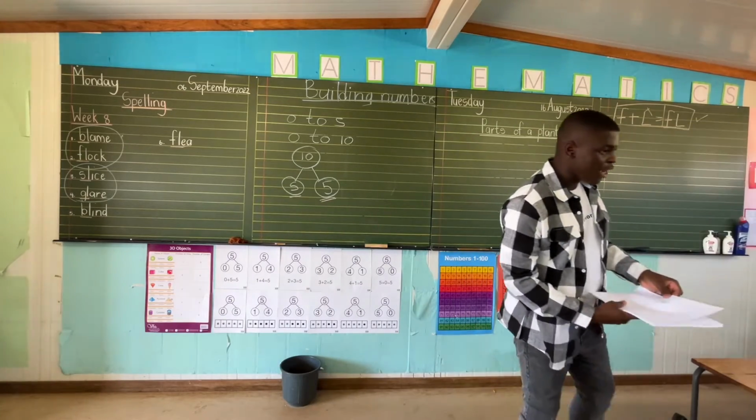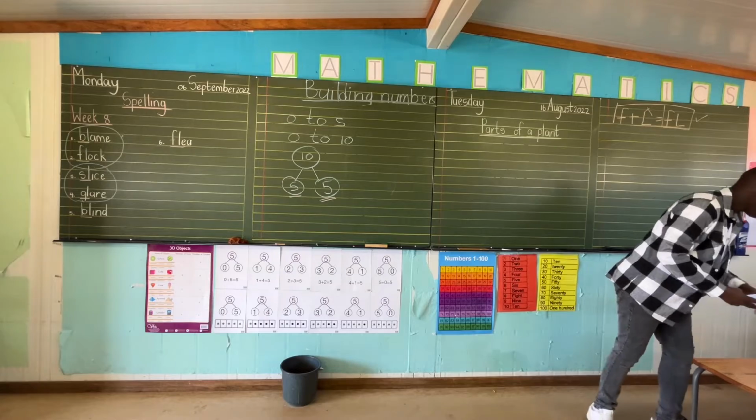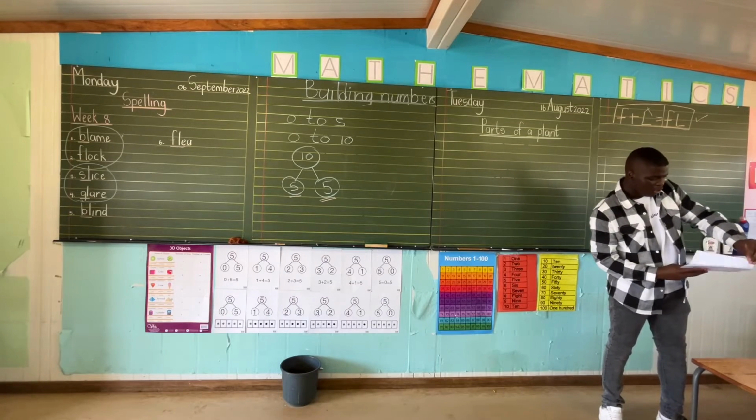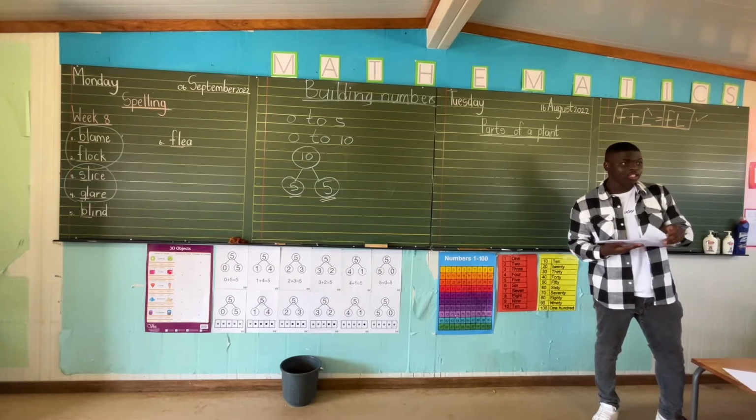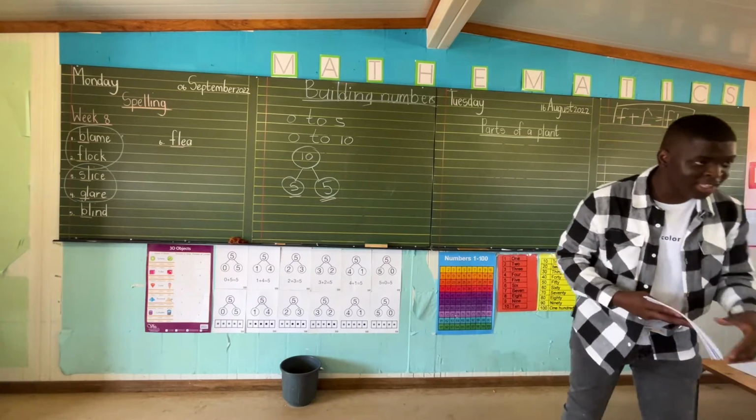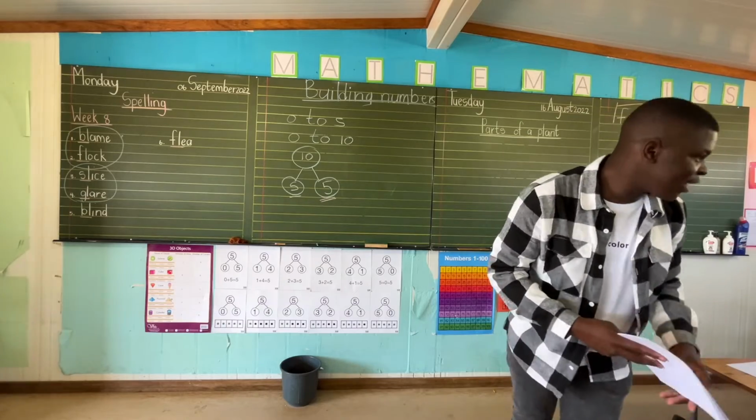I want us to do this together. Since I want us to do this together, I'm going to give you this white paper. This is where we are going to do everything so I can understand it clearly. I want you to understand everything.